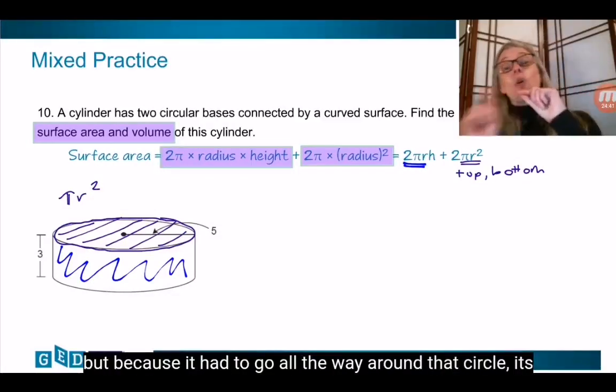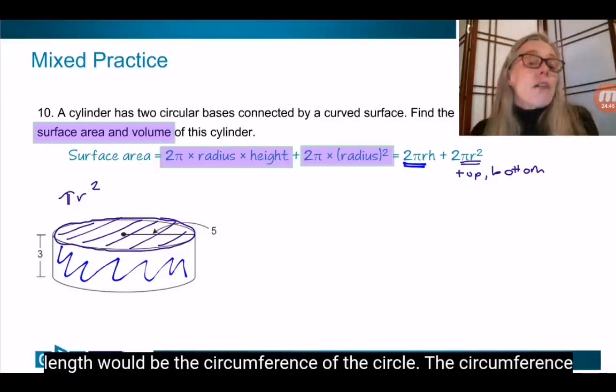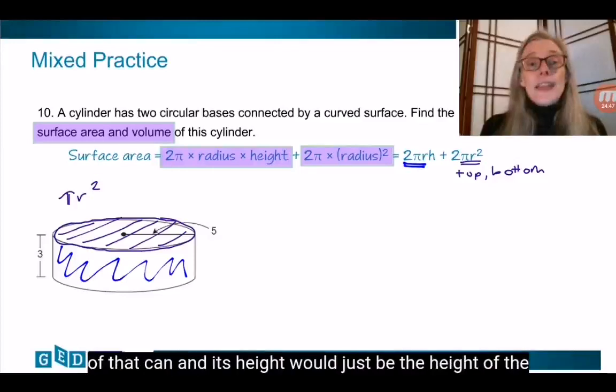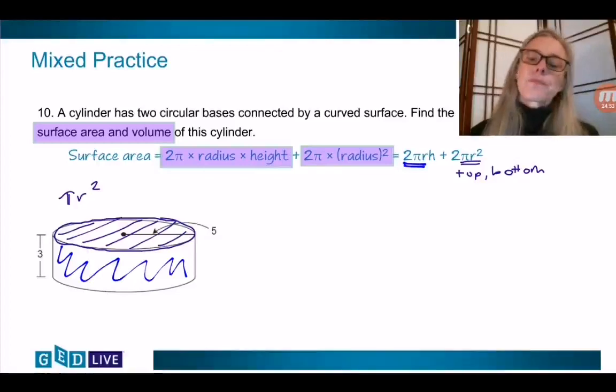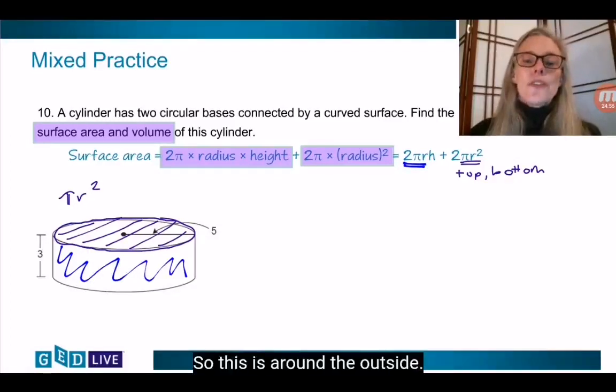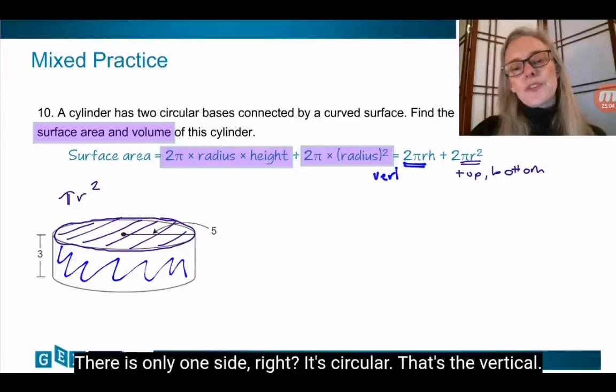But because it had to go all the way around that circle, its length would be the circumference of the circle, the circumference of that can. And its height would just be the height of the can. So this is where this 2 pi rh comes from. So this is around the outside, the vertical side. There is only one side, right?